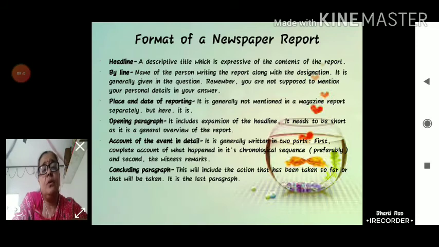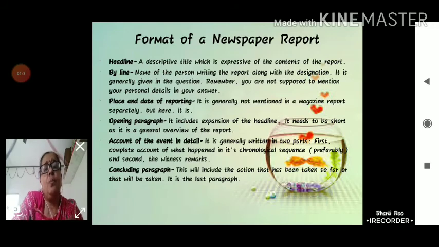Then comes your place and date of reporting. When we are writing a magazine report, we write the time and all in our opening paragraph, the introduction. But in a newspaper report, always on the left hand side, the place name is written. For example, Bali, then you put a comma and then you write the date, 31st August. Then you have a colon and then your report starts.